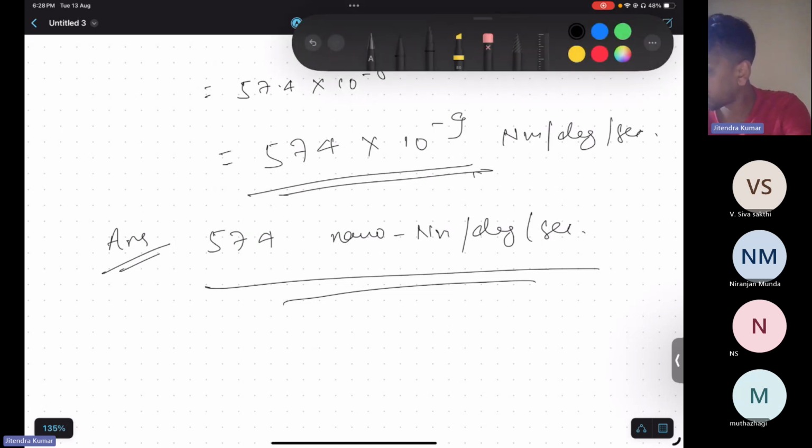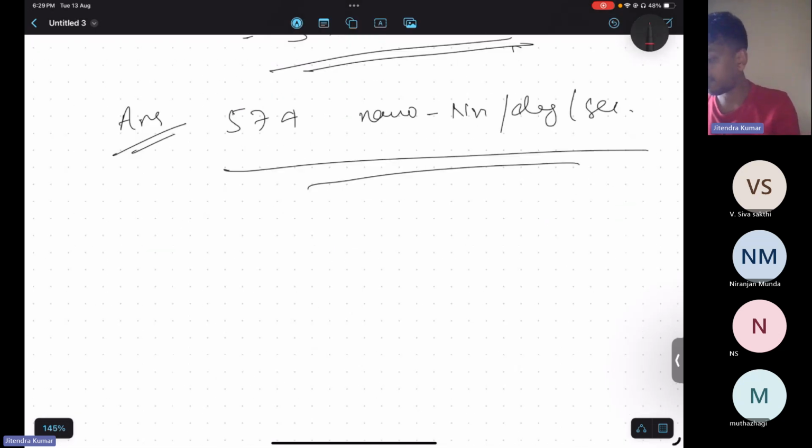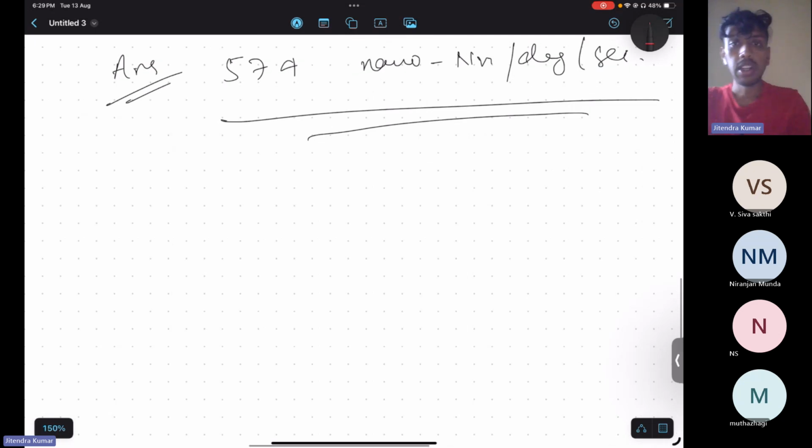NS is also getting the same 574 nanonewton meter per degree per second. So please do not hesitate to post on the forum. So this is the way by which we should solve this problem. This should be the answer, and we have discussed this in lengthy detail.